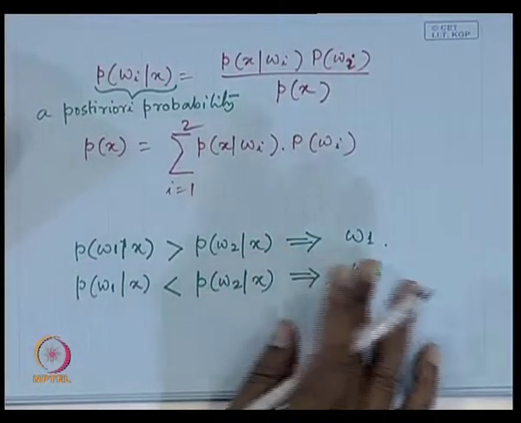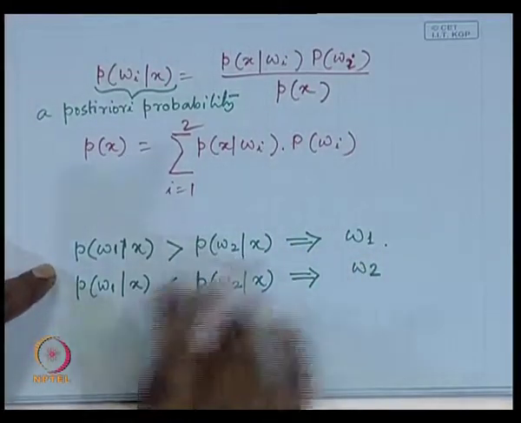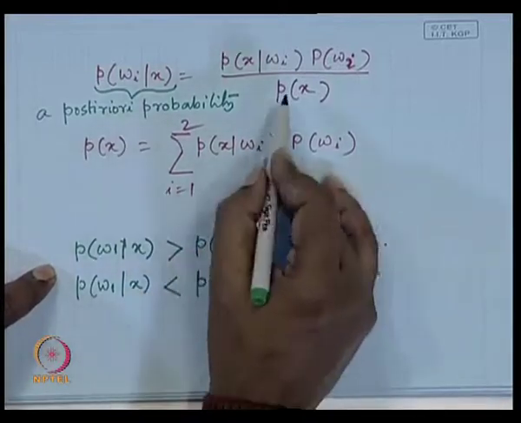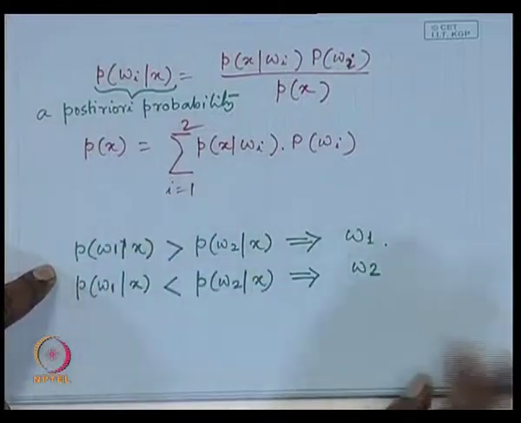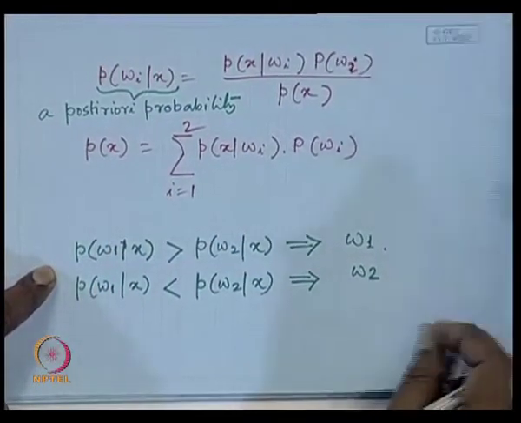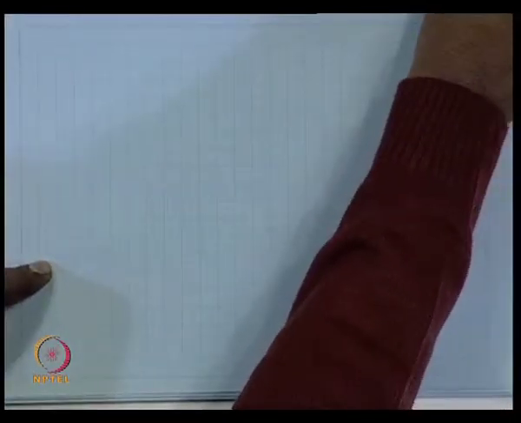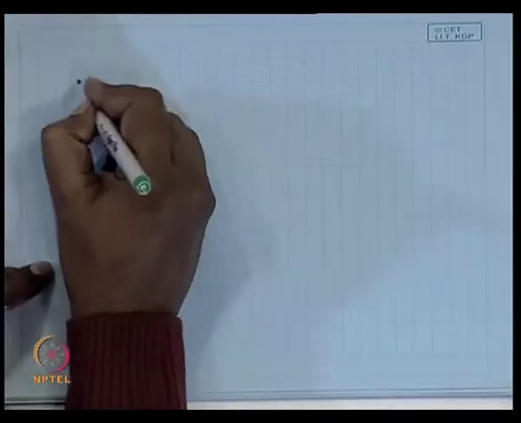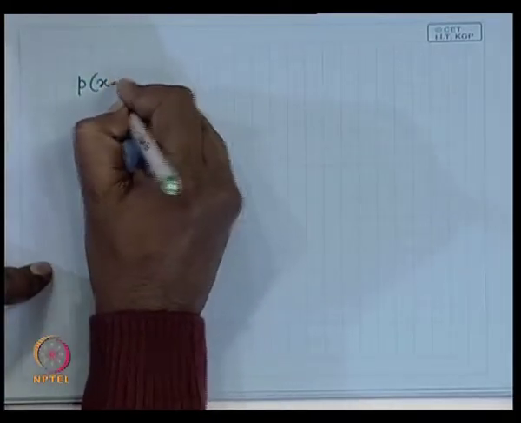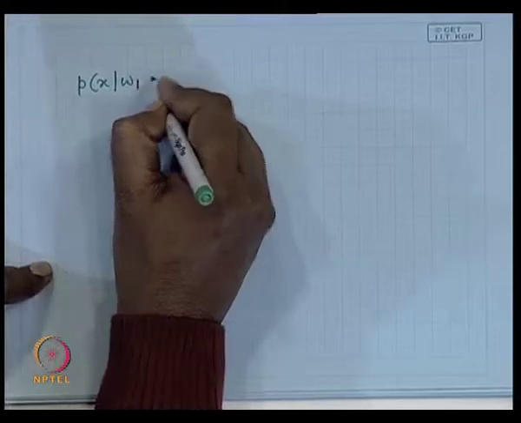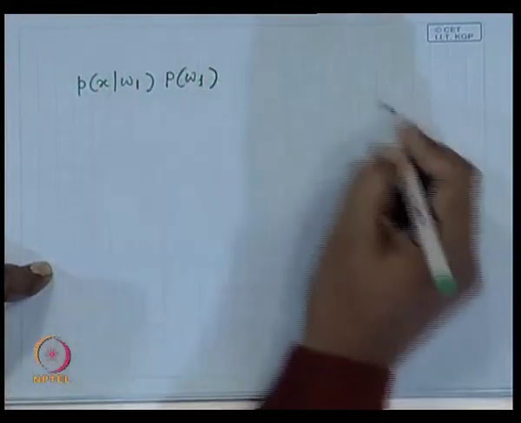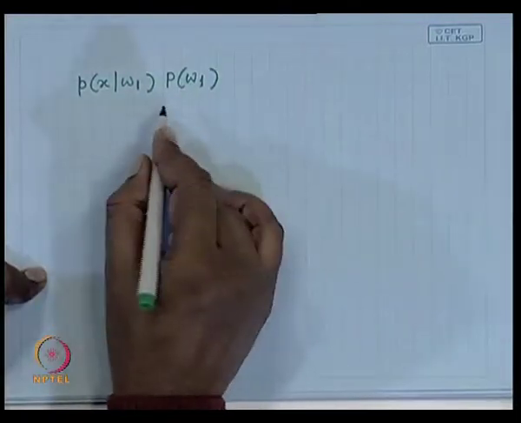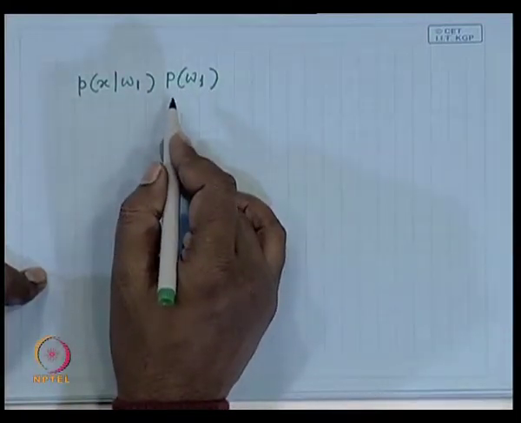Now, here you find that my condition simply becomes, because P of x will appear in the denominator for both the classes omega 1 and omega 2. Okay. So, if I expand this expression, it will be P of x given omega 1 into P of omega 1. This is nothing but P of omega 1 given x.